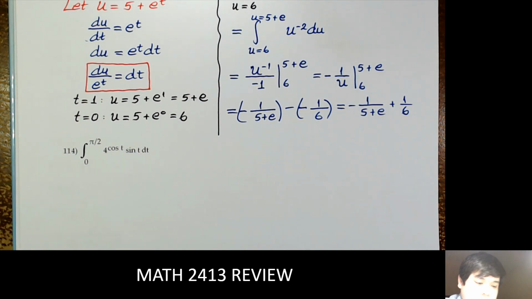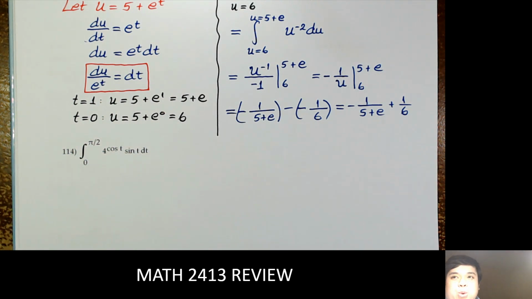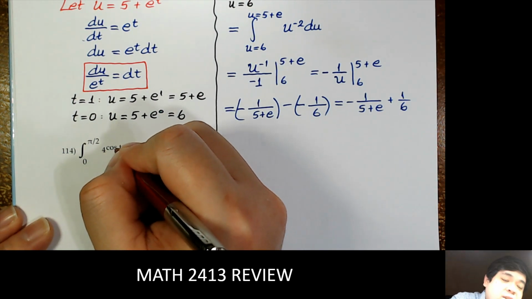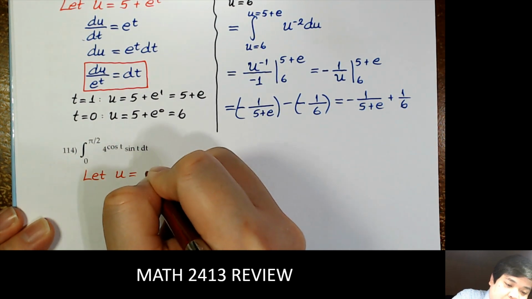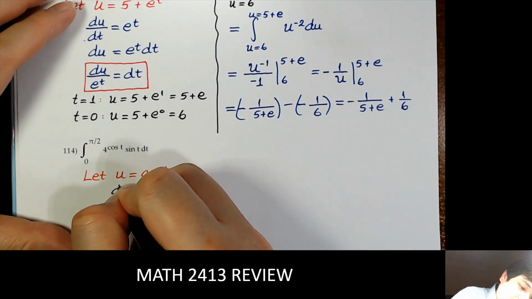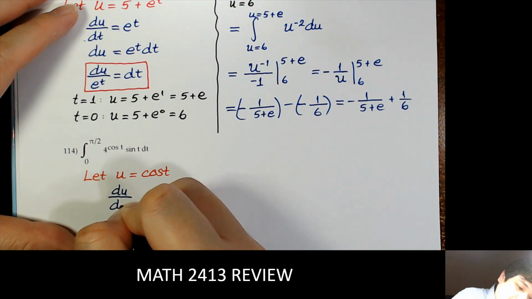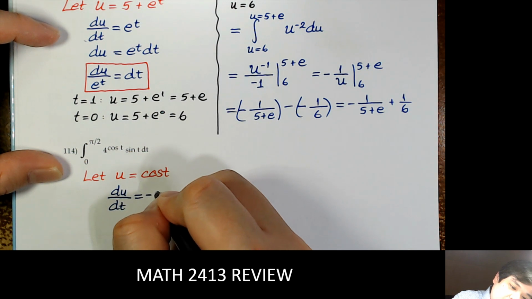Next. So cosine, sine, one of them is u, because the derivative of sine is cosine, and the derivative of cosine is negative sine, so it should cancel out nicely. However, the cosine of t is in the exponent, so we better let u equal cosine of t. Then we take the derivative. The derivative of cosine is negative sine.